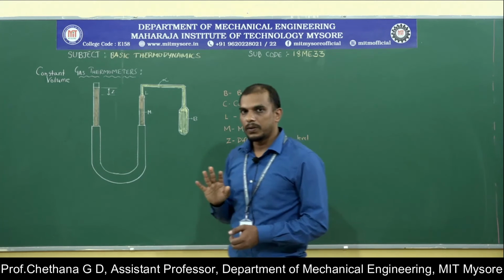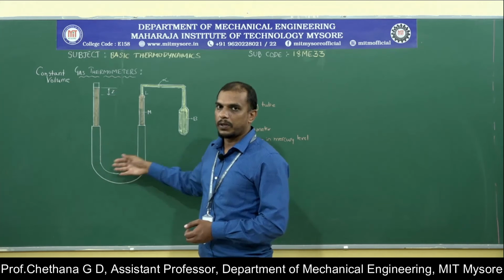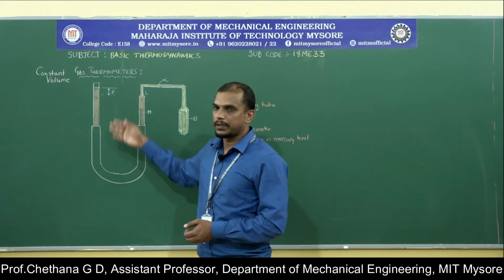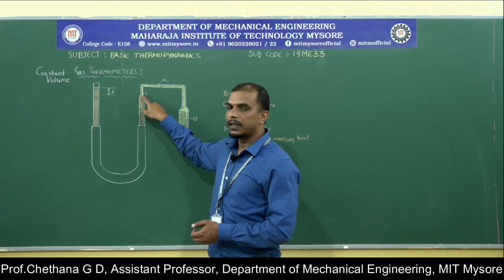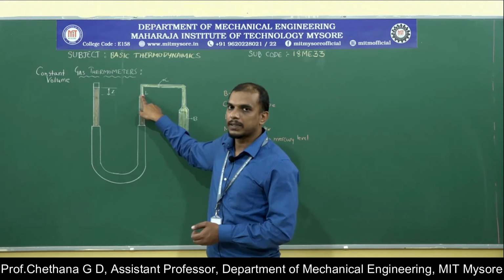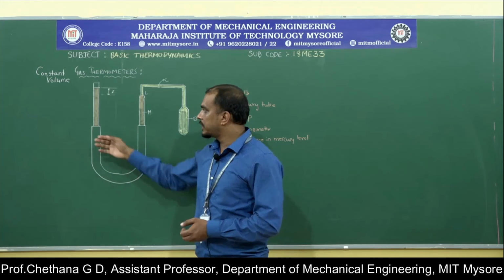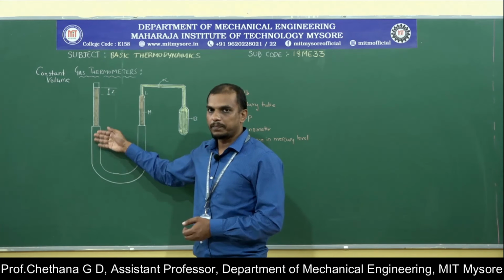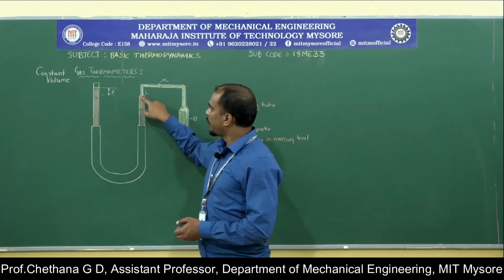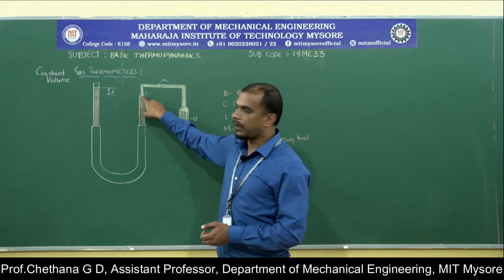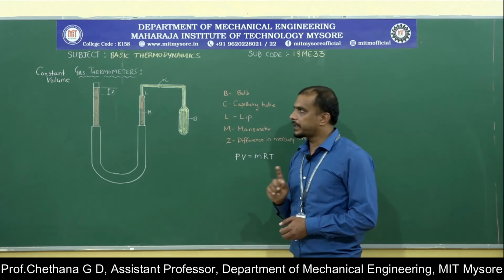So first we will set this mercury U-tube manometer such that the level in the right limb is exactly at L, which we call the lip. We vary the altitude of this flexible tube so that the mercury level in the right limb touches the lip L. That is our first step.